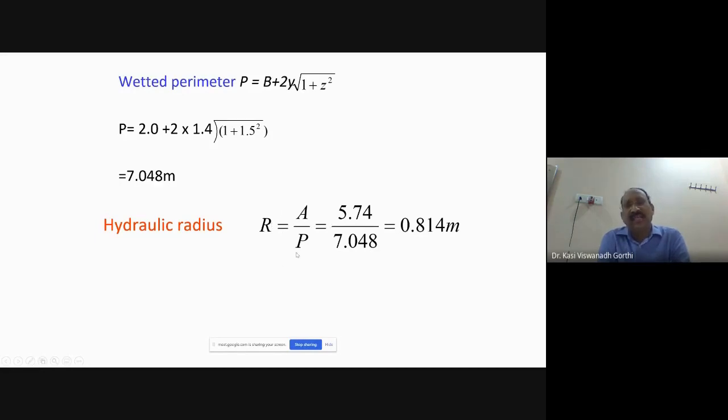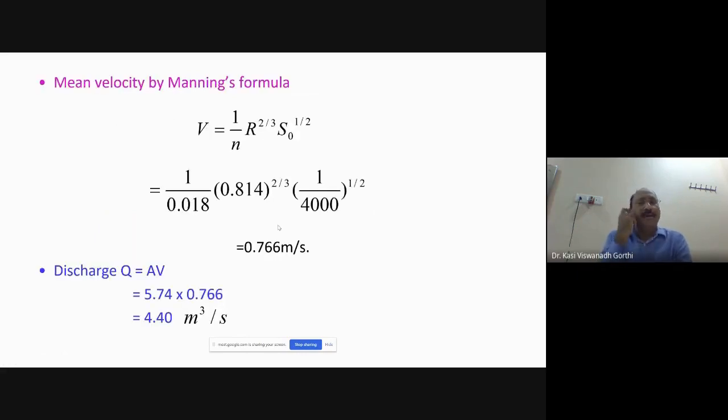Once you get the hydraulic radius, since Manning's coefficient is given in the problem, compute the velocity based on Manning's equation. Mean velocity by Manning's formula: V is equal to 1 by N, R to the power 2/3, S to the power half. N is 0.018, into R 0.814 to the power 2/3, into S 1 by 4000 to the power half.